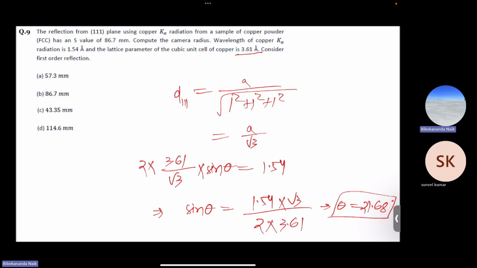Then you see, we know 1 radian is 57.3 degrees.